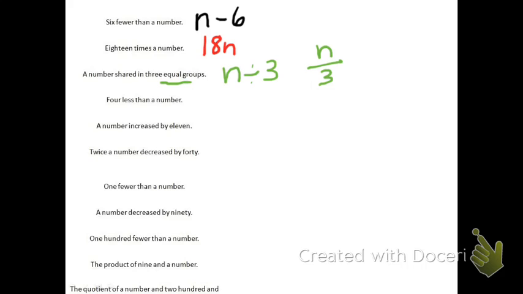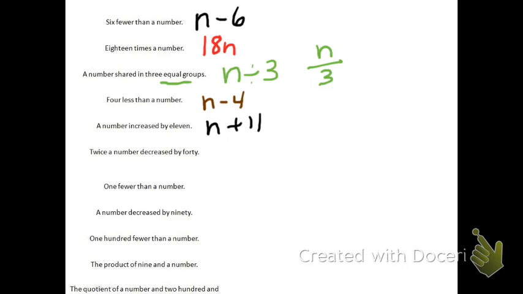Next one. Here we have 4 less than a number. So that means we're taking 4 off of the number. So the number minus 4. Next we have a number increased by 11, so that's n plus 11.